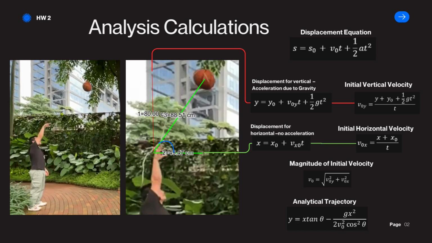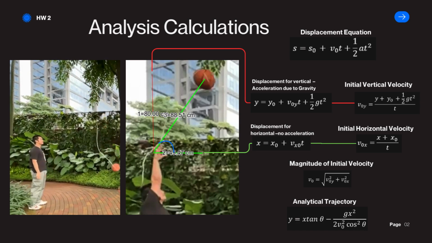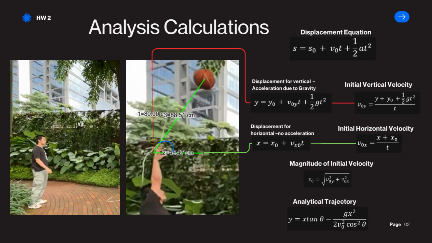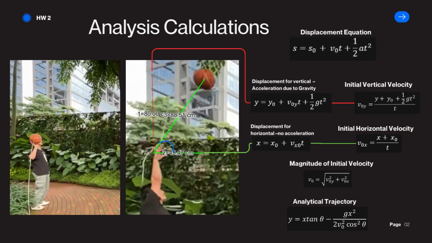We require both these initial velocities, vertical and horizontal, in order to get the magnitude of the initial velocity, which is the square root of the sum of the squares of both these components.